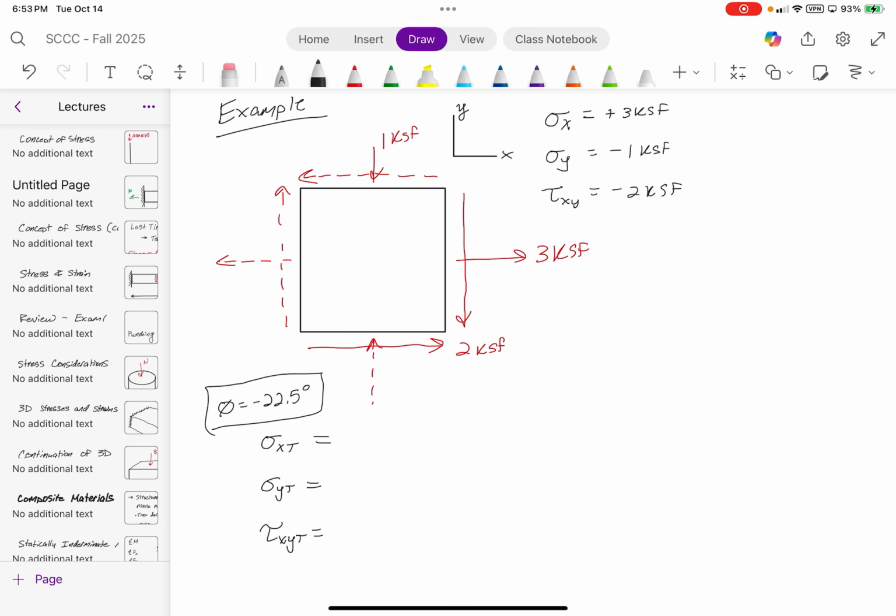You get it, Christian? Yep. What'd you get? For x, I got 3.83, y, negative 1.83, and tau xy, 0. Who here gets that also? I only got sigma x so far. All right, I'll give you guys a few more moments.